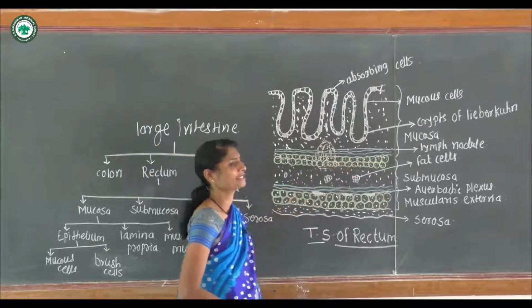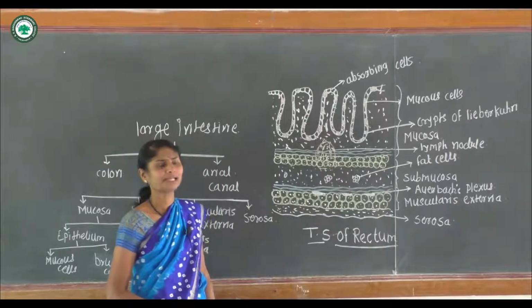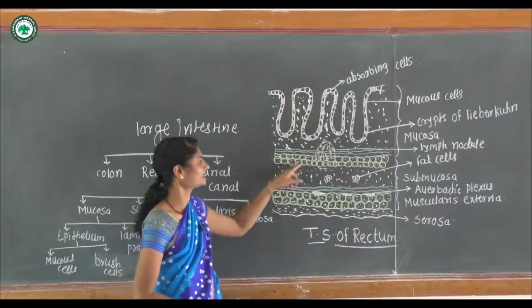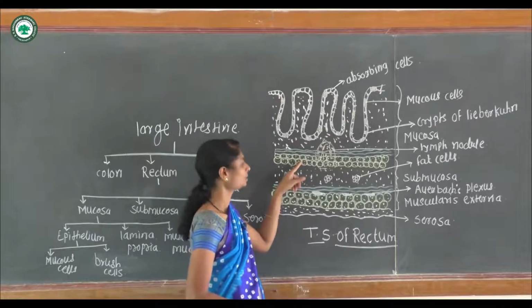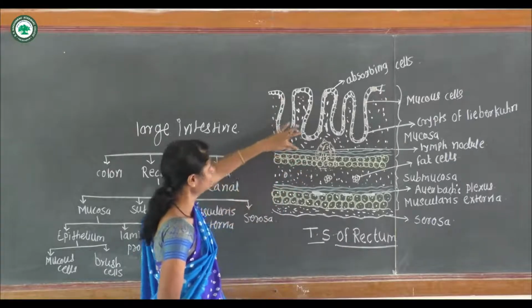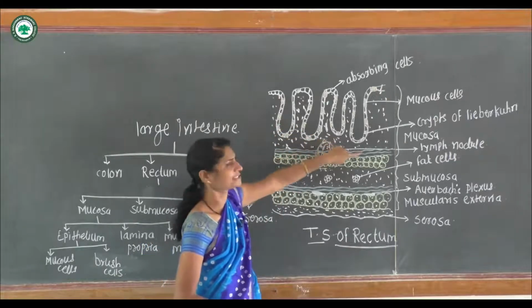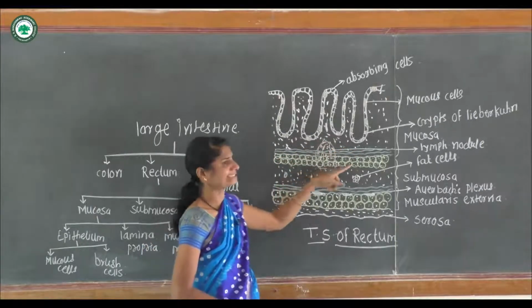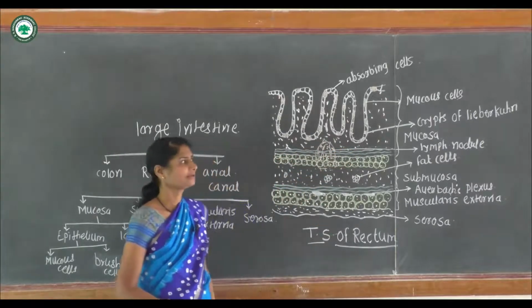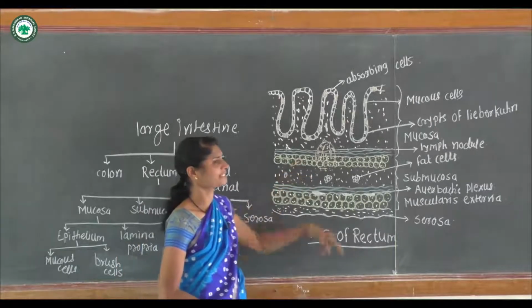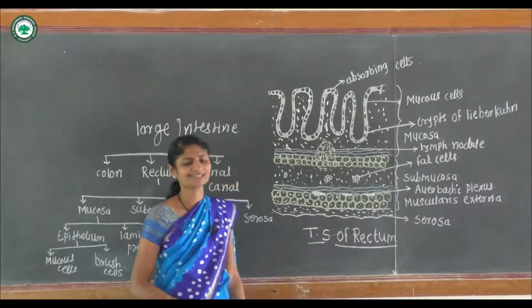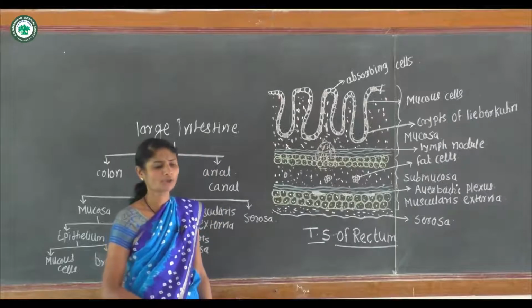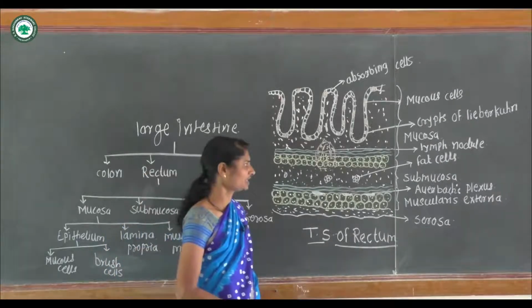This muscularis mucosa layer is mainly made up of smooth muscle fibers. These are of 2 types. First, the inner muscle, called circular muscle. Outer muscle, called longitudinal muscle, and this muscularis mainly functions in conduction of gland secretion.